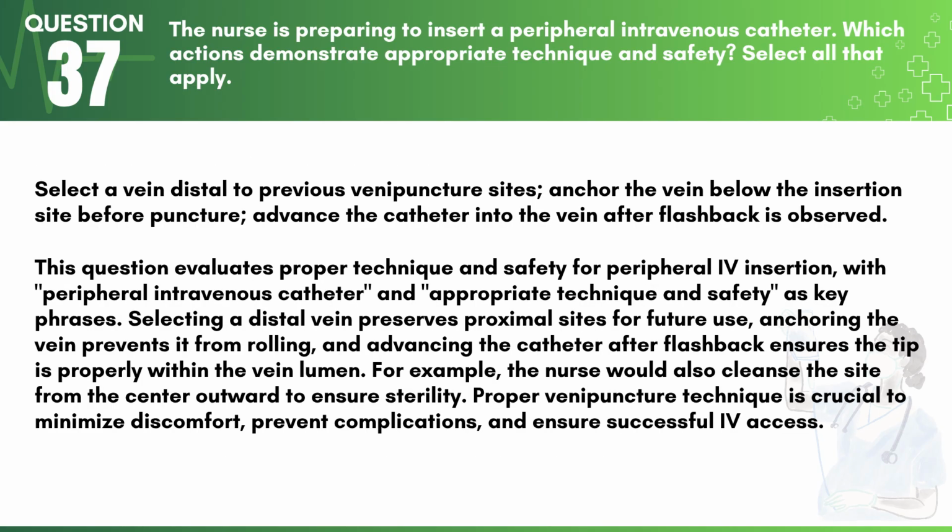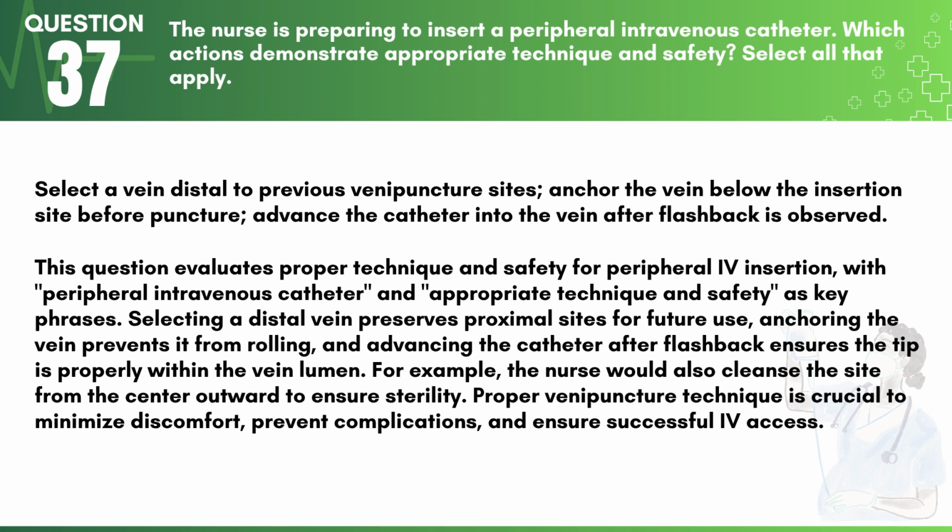Answer. Select a vein distal to previous venipuncture sites, anchor the vein below the insertion site before puncture, advance the catheter into the vein after flashback is observed. This question evaluates proper technique and safety for peripheral intravenous catheter insertion.